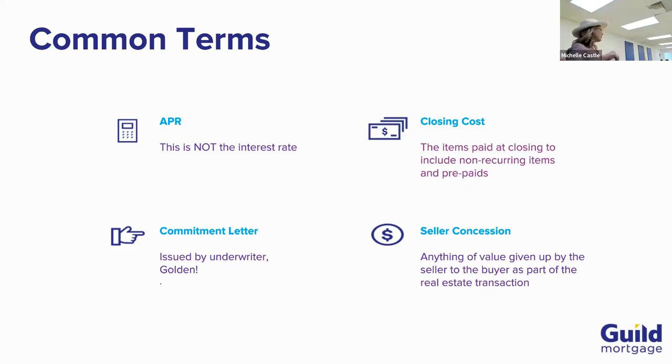A commitment letter adds more time. Time is money. We have to run more reports, and you've got the underwriter's time in the file. So it's very costly for a mortgage company to issue a commitment letter on everybody that is out house hunting. Plus, we would have to hire more staff.